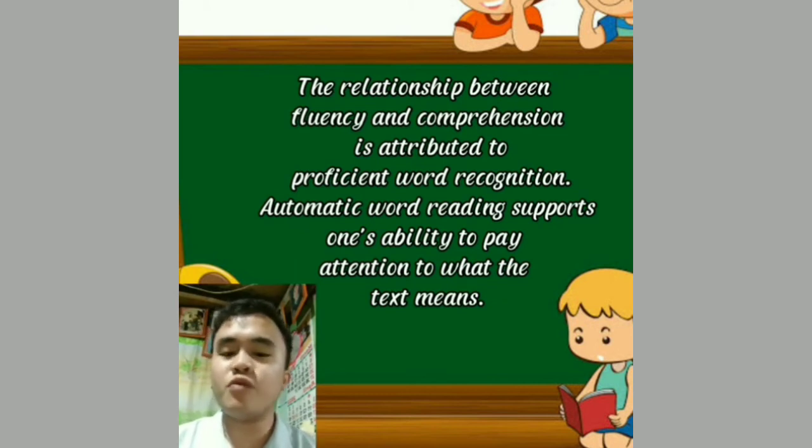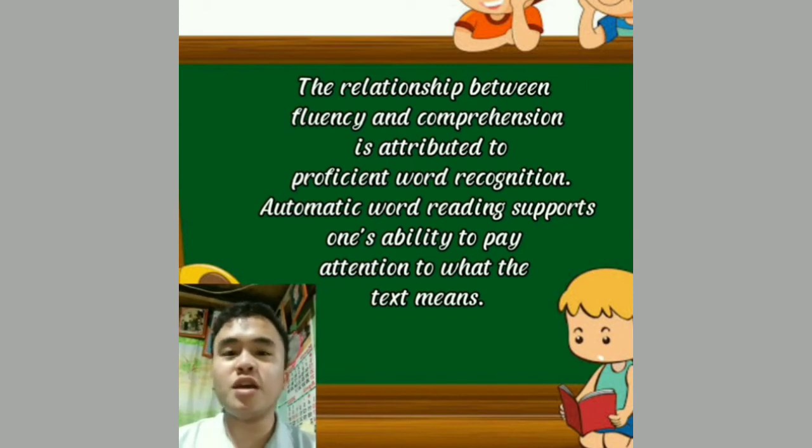For example, if we are going to read something and we have that kind of idea, then it will go to the next, which is reading comprehension. We were able to understand what we read because of our fluency.